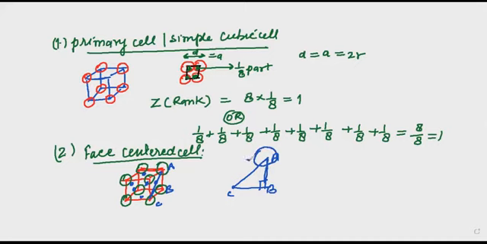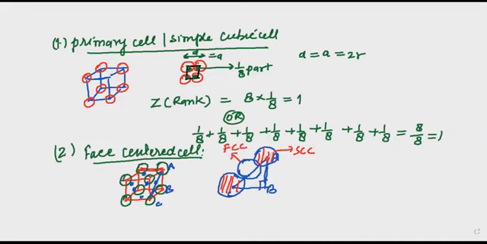1, 2 and this is the 3. You must remember that the atoms at the corner are SCC atoms and this one is an FCC atom.